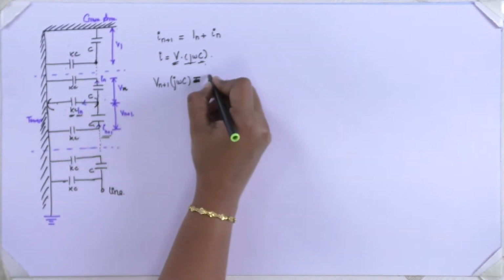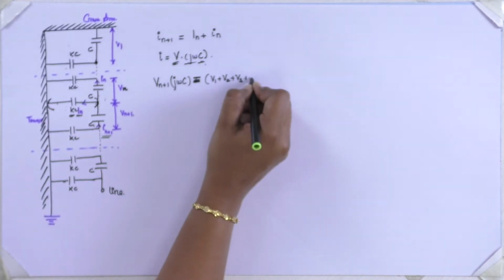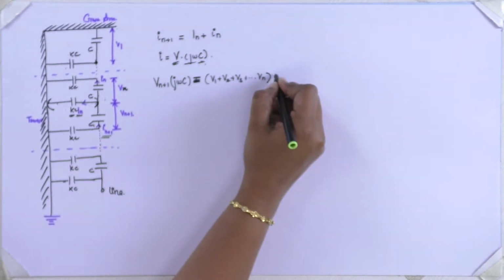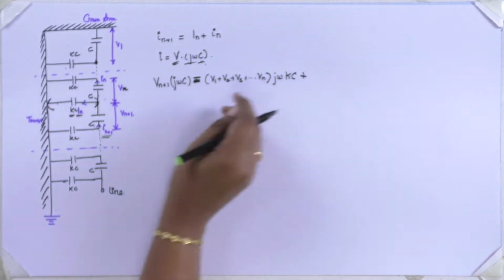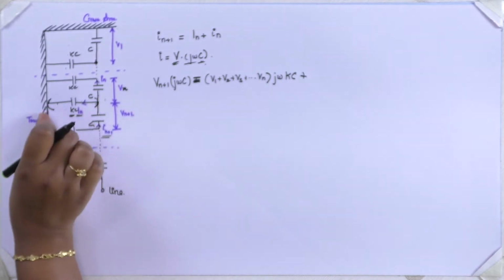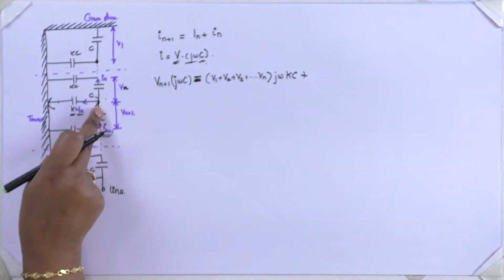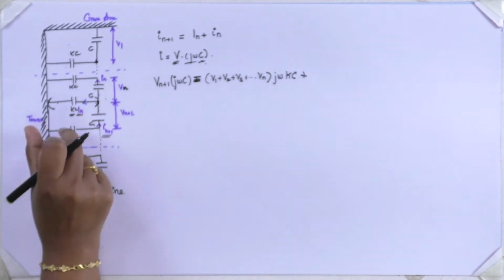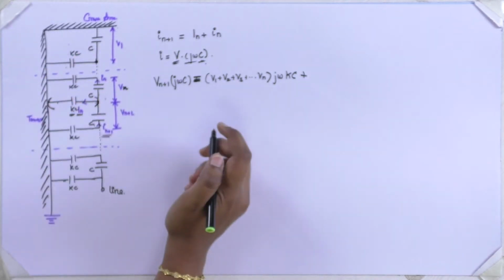So all these voltages in addition will be V1 plus V2 plus V3 plus etc. to Vn, into j omega into K into C. So for calculating a particular voltage between the cross arm and the metal point between the insulators, we have to add all those voltages that are present above the insulator.